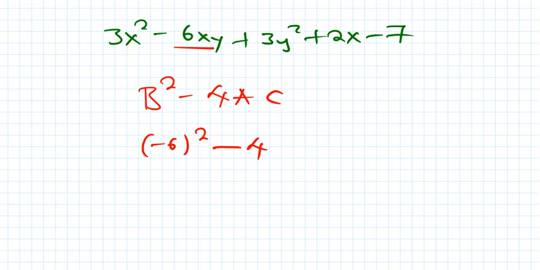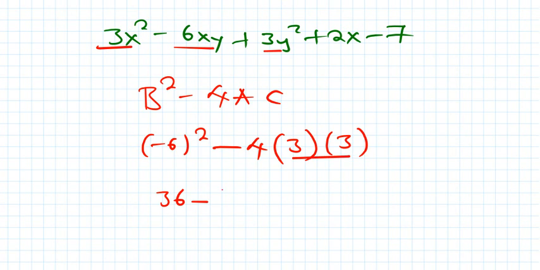Your a is the coefficient of x squared, which is a 3. And your c is the coefficient of y squared, which is a 3 as well. And then you end up with 36 minus 4 times 3 times 3, which is 36, so 0.